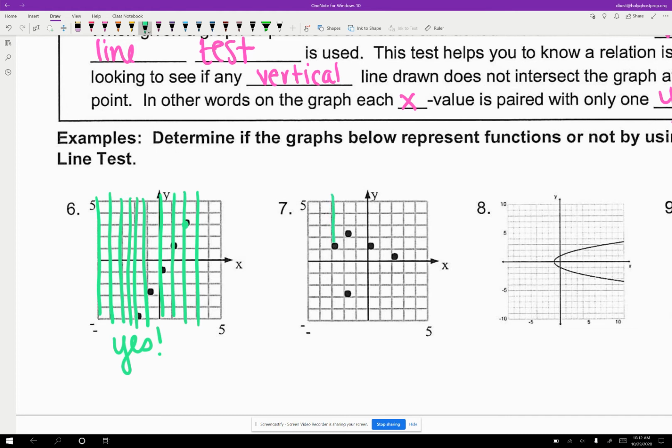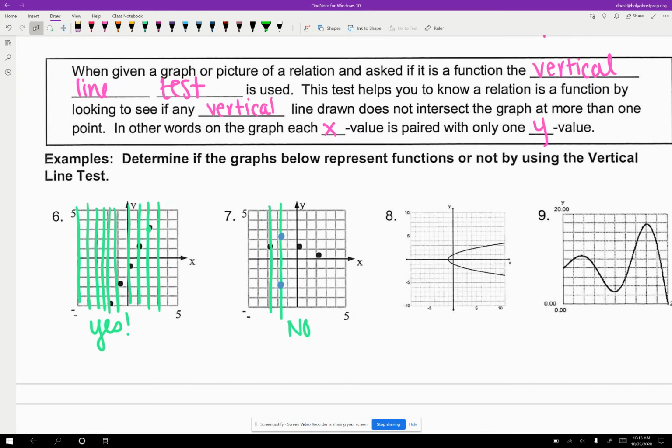But if you draw a vertical line, let's make this a little straighter, if you draw a vertical line and you hit more than 1, like I just did, right? I've got a point here and a point here on the vertical line, then your answer is no, it is not a function. It does not pass the vertical line test.